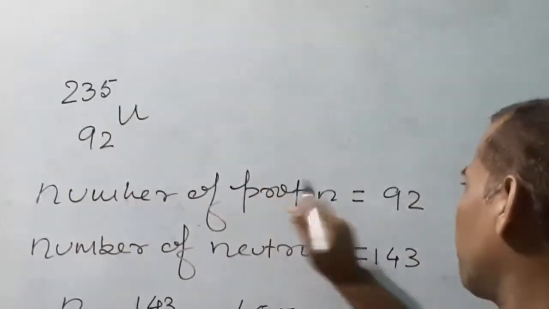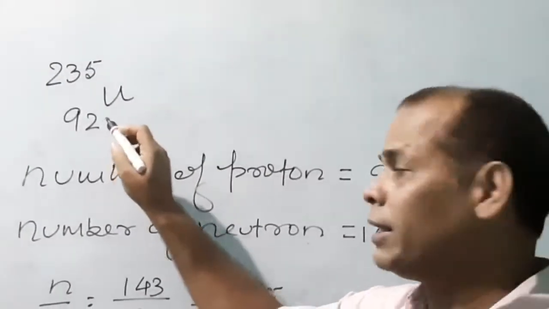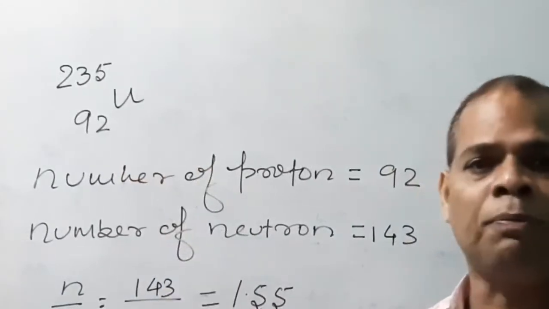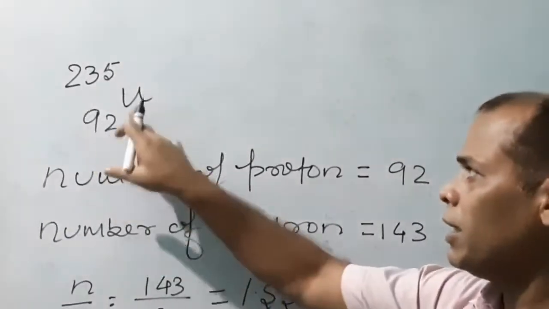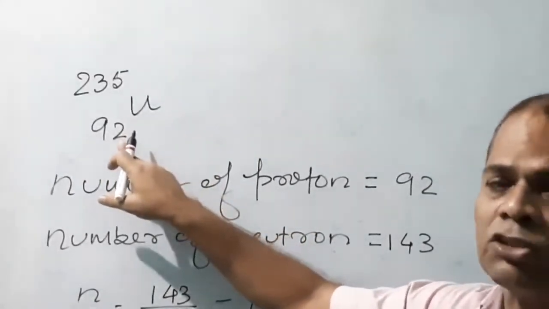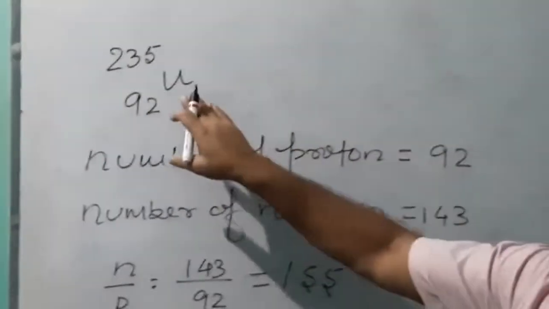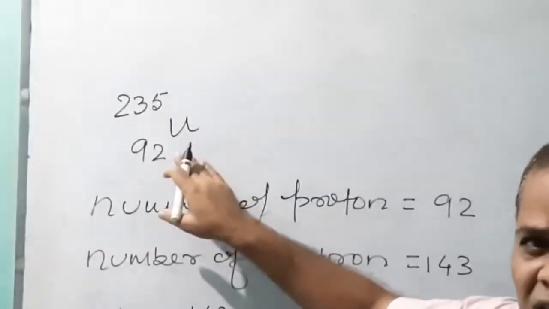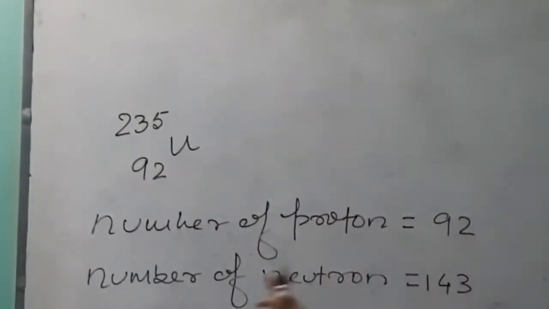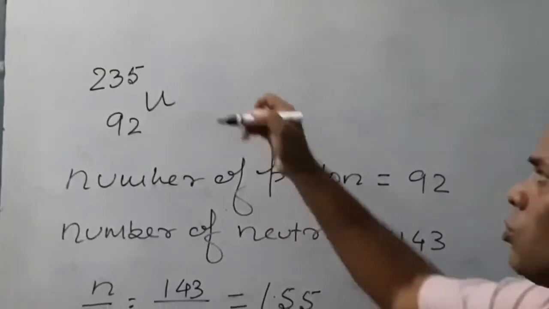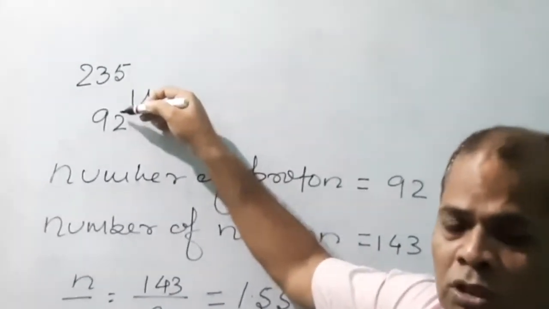As you know, number of proton equals atomic number, so the number of proton in the nucleus of uranium atom is 92.